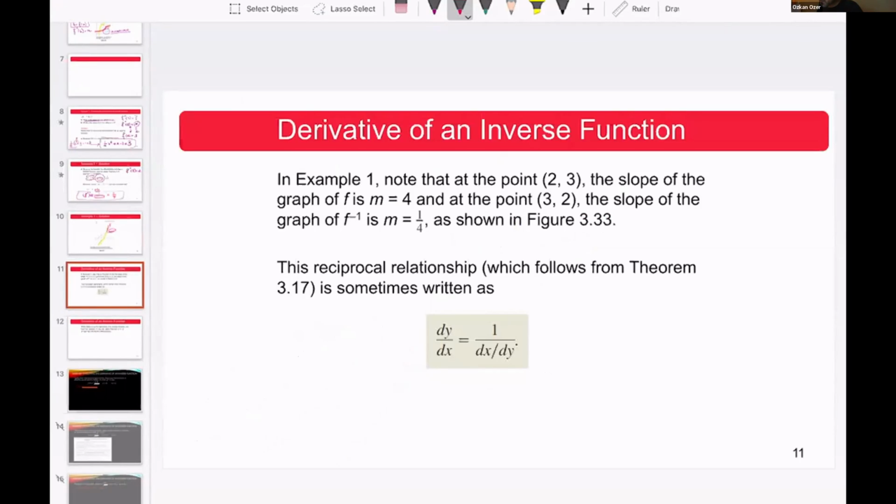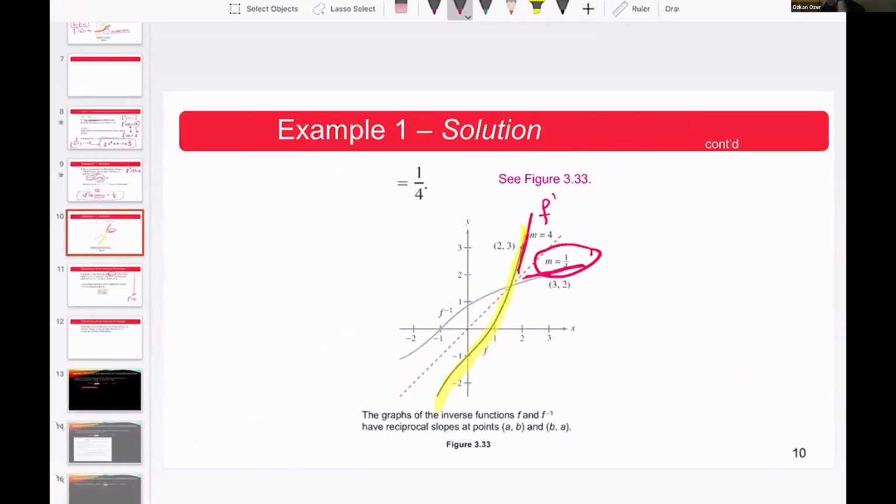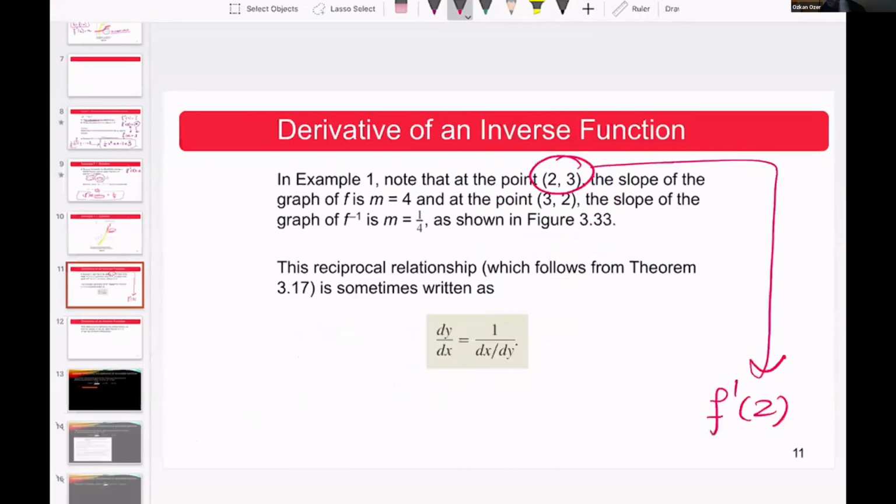This slide says that at the point (2, 3), you can check f prime at 2. That's the slope of this line here. And f prime at 3 can be calculated, and it's 4 in fact. And the slope of f inverse is 1/4.